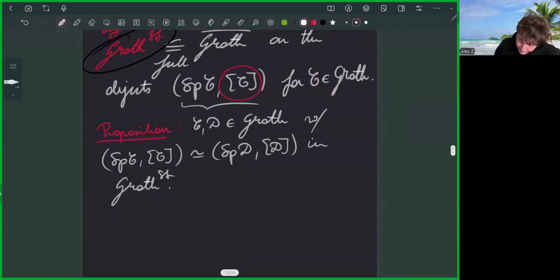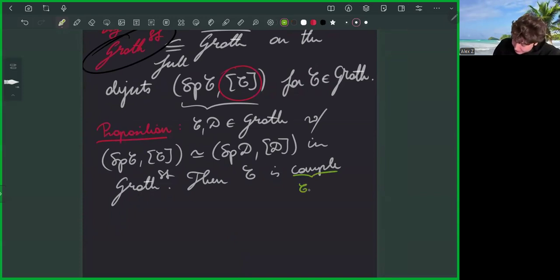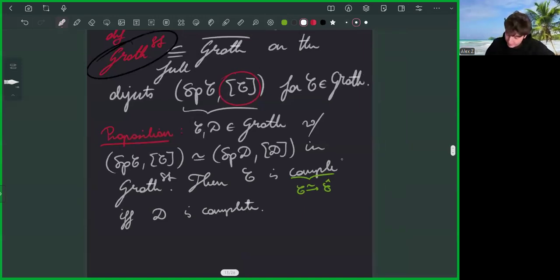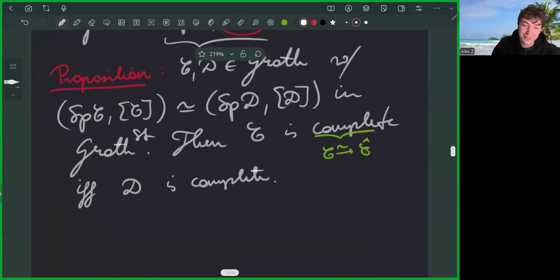Suppose you have this, then the statement of the proposition is that C is complete, and let me remind you, this is that this canonical map here is an equivalence, if and only if D is complete. So the statement is that completeness is invariant under equivalence in Groth ST. Oh, and I should really write complete here. I didn't finish the word complete, that's kind of funny.